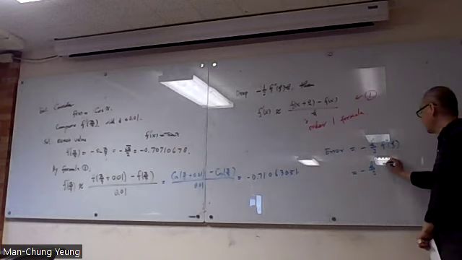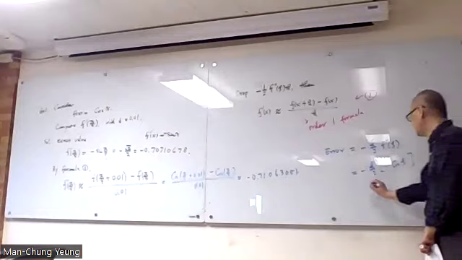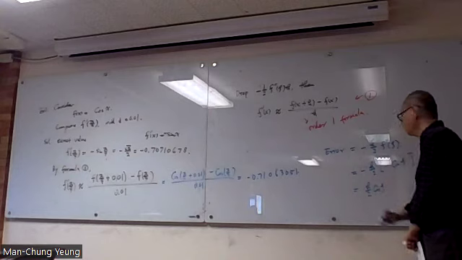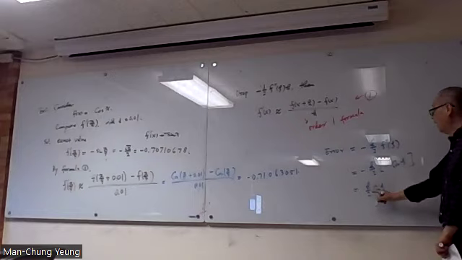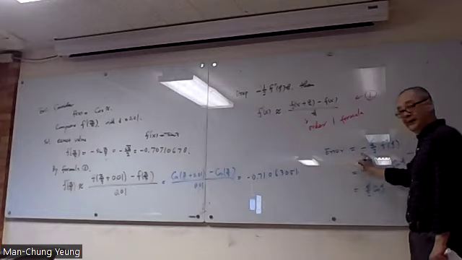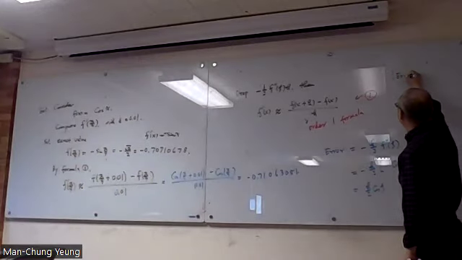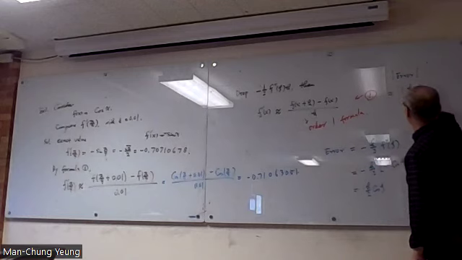So the error is h over 2 times cosine of psi. Now for the error, usually take the absolute value. The absolute value of the error is h over 2 times the absolute value of cosine.